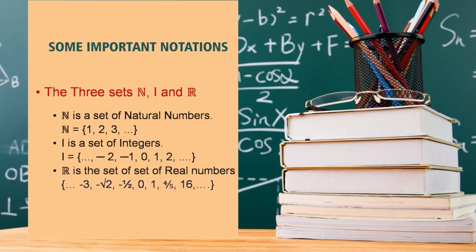The very first thing which you should know is some of the sets which are declared. The three sets which are most important and most used whenever you are dealing with any subject related to design and analysis of algorithms, or most other mathematical subjects, are the set of natural numbers, the set of integers, and the set of real numbers.